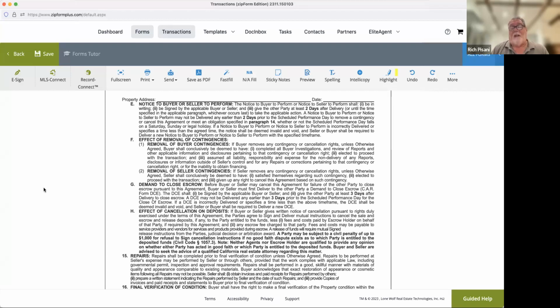So the cancellation is in 2 parts. The first is seller cancels the contract pursuant to the buyer not performing after giving the required notice to perform. And then the second is instructions about the deposit.